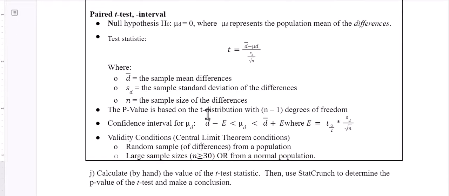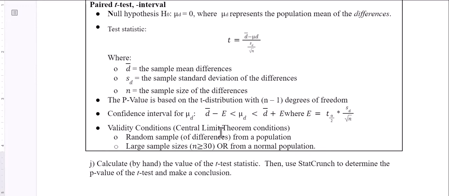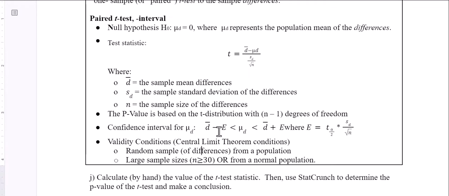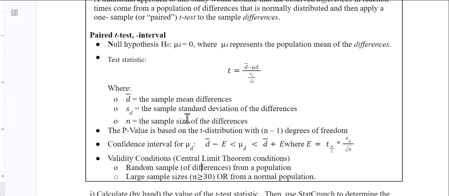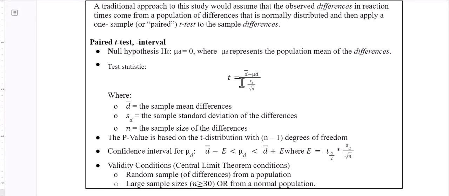In this case, we had 16, but it is from a population that is normally distributed, so we can say it satisfies the conditions, and so we can go on and find a test statistic.